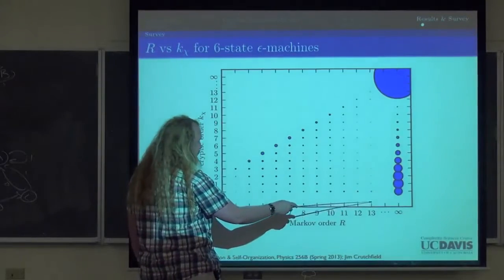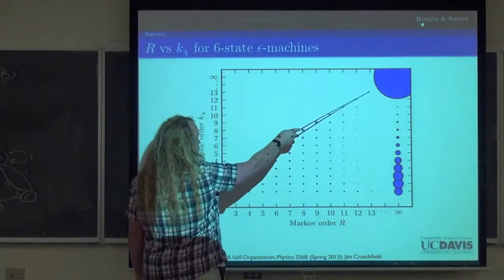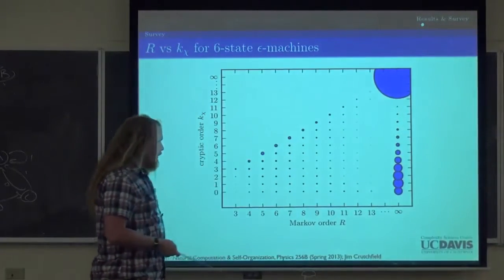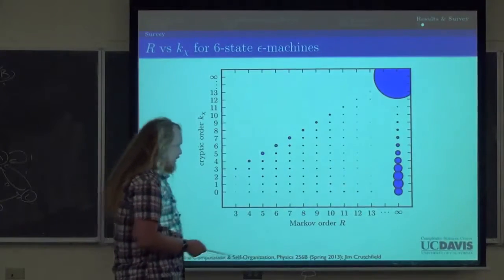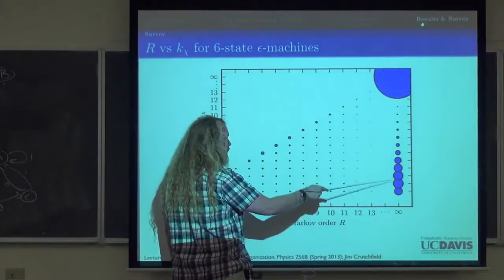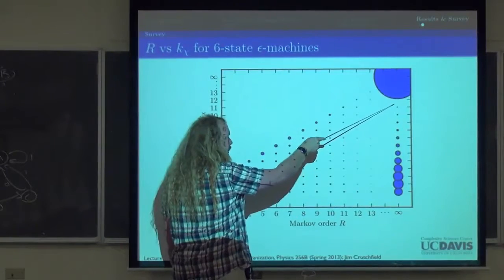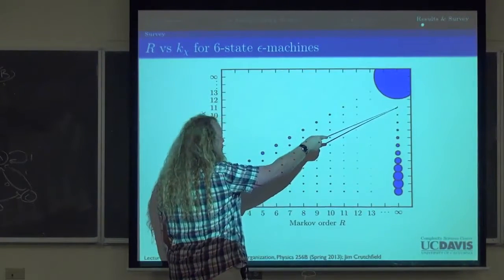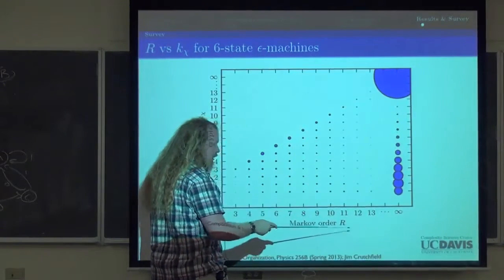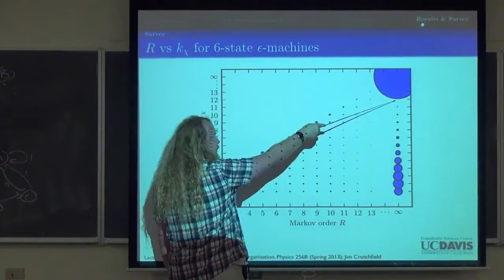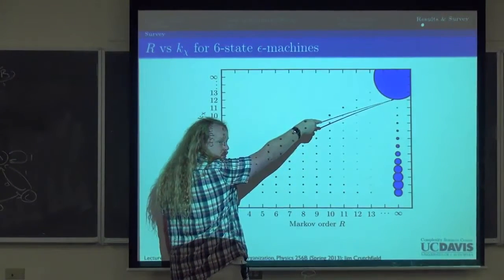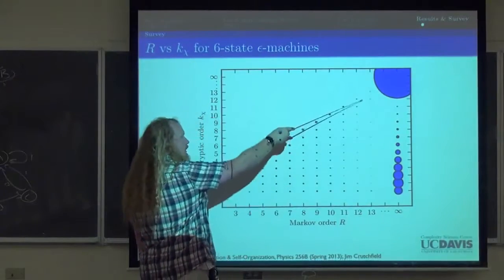And so the largest finite cryptic order is also 13. But if we consider the processes that have infinite Markov order but finite cryptic order, the largest finite cryptic order is 11. There is no Markov infinite cryptic 12, even though there are Markov 13 cryptic 12.